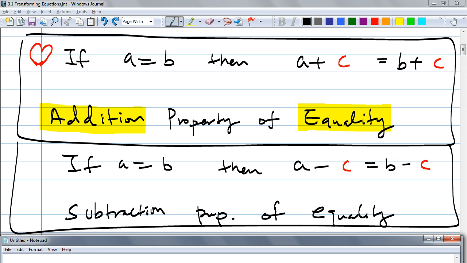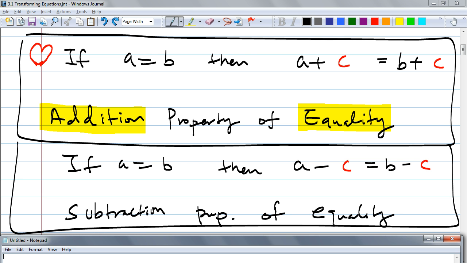It's better to add the opposite than subtract because addition has two nice properties that subtraction doesn't have. Anybody remember? Yes? Commutative property of addition and also, there's one more property. Yes? Associative property of addition. Right? You could put them in any order you want and you could associate them any way you want for addition. It's not true for subtraction, correct?